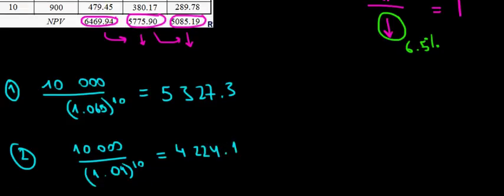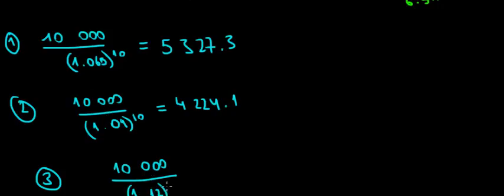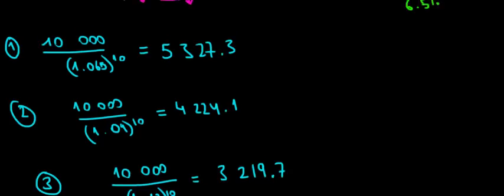And in the third case, we're discounting it at 12%. And again, notice that the present value of our principal, the principal amount, the money that we actually lend, decreases in present value because we're discounting at higher and higher values. And here we have 3,219.7.